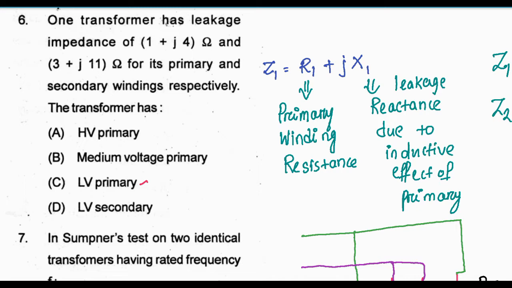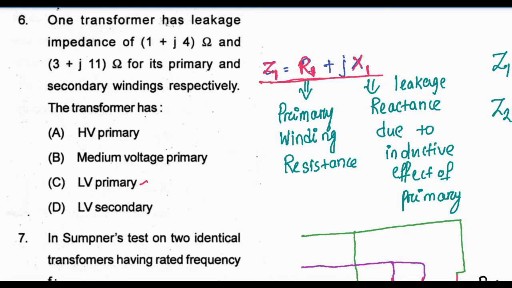This is the leakage impedance form, and Z1 means this one is primary. So R1 is the winding resistance of the primary, and this is the leakage reactance due to the inductive effect of the primary winding.